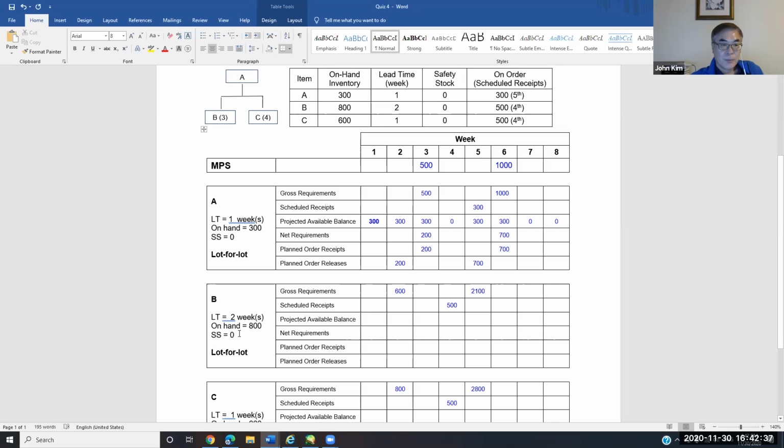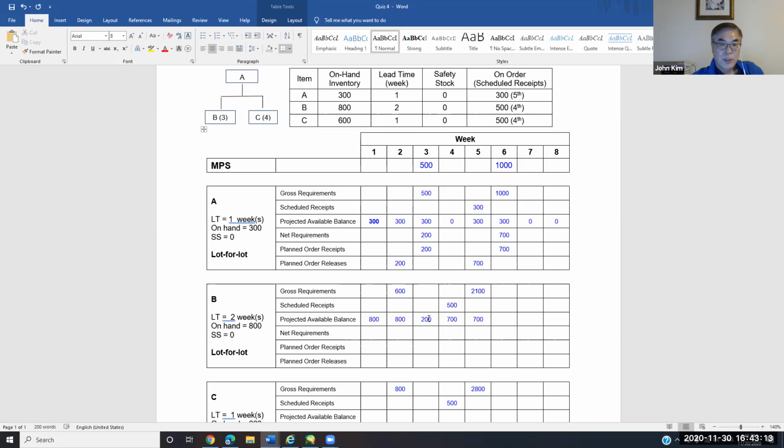And here, 800 available. Need 600. So no order required. Just use 600, then 200 carry over. 200 available, receive 500, so 700 available at that point.